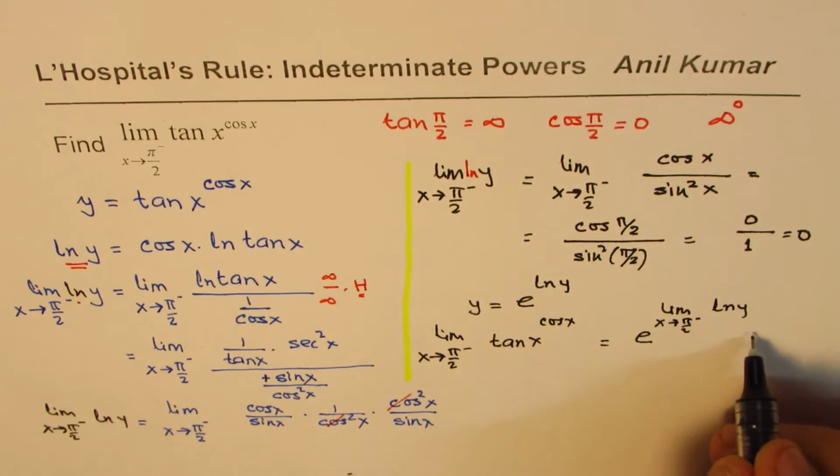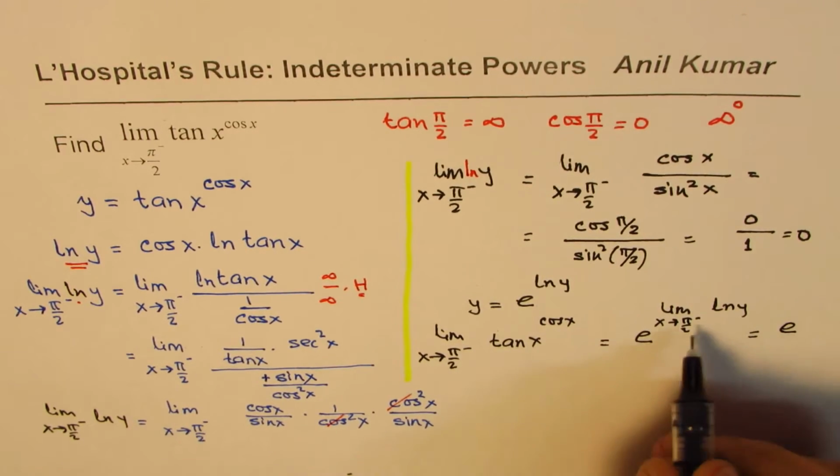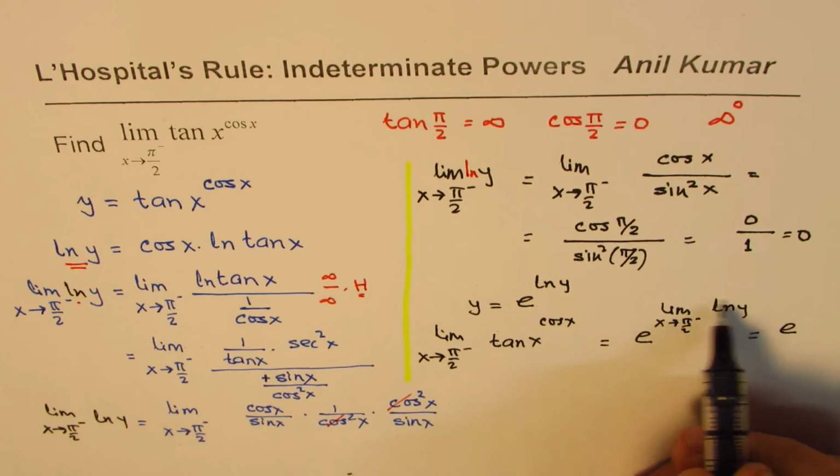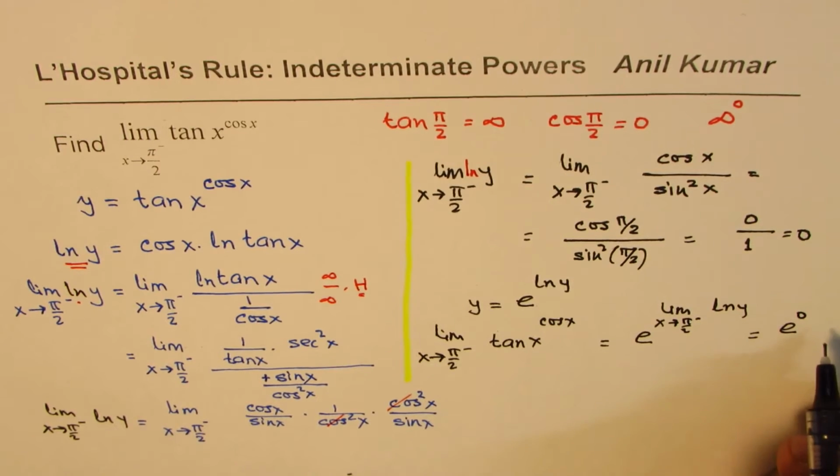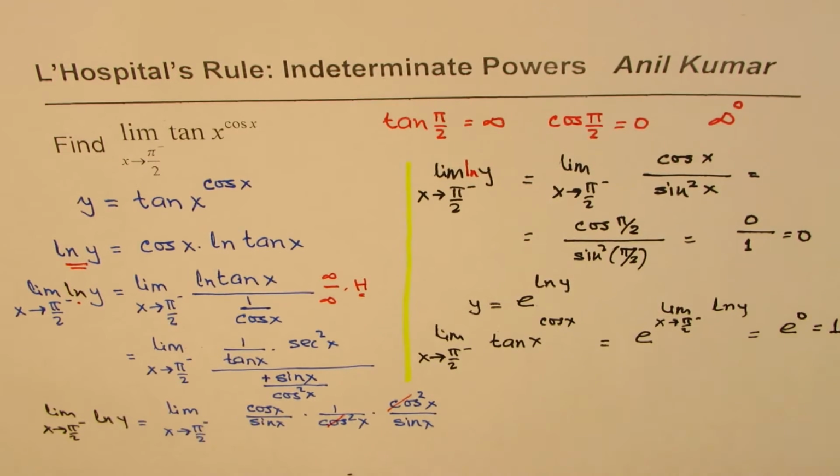So this we found as e to the power of, so limit of ln y is 0, so it is e to the power of 0, and that gives you 1 as your answer, right?